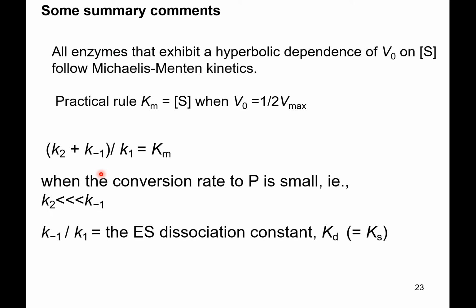So if we go back, the higher this value, I guess the opposite would really be true. If your rates here are higher, your product formation or your dissociation rate, if those are higher, you're going to get a higher Km value.